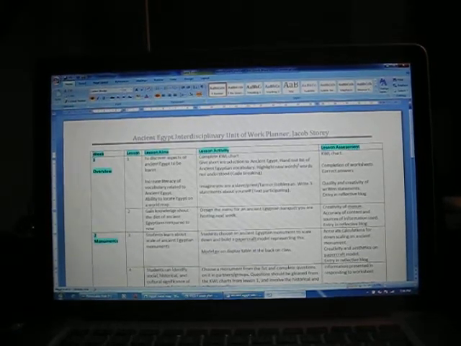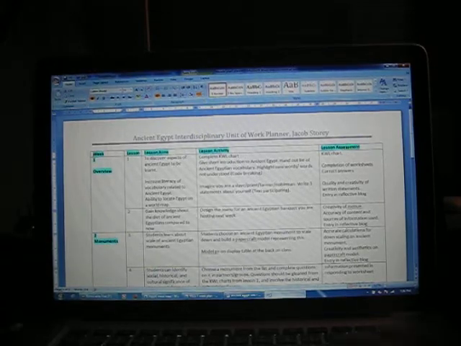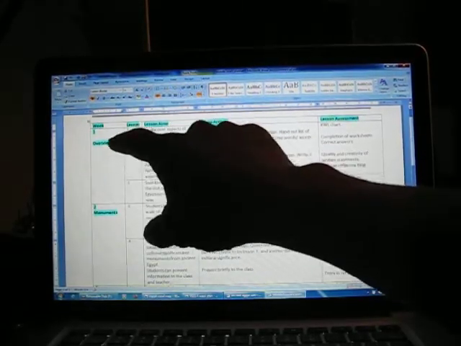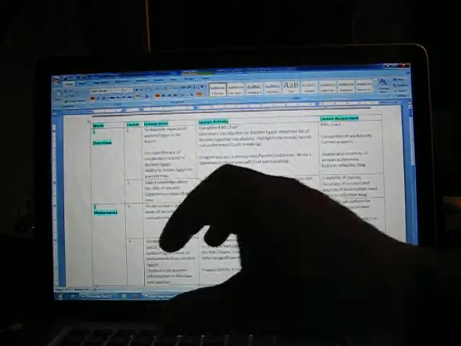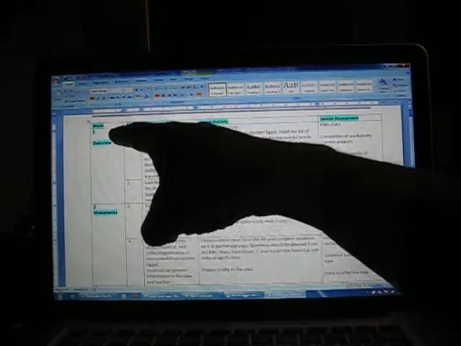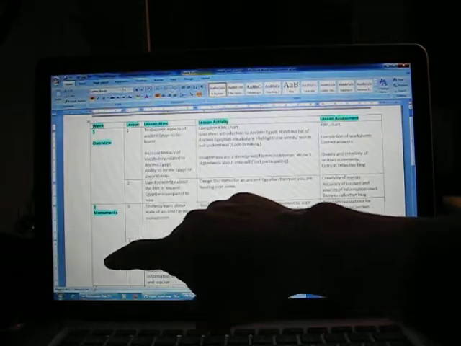Now we'll skip finally to the more detailed unit of work planner. You can see here in week 1 I've got the overview set. I've broken it into 4 phases, a different phase in each week. First week's overview, second week's monuments.